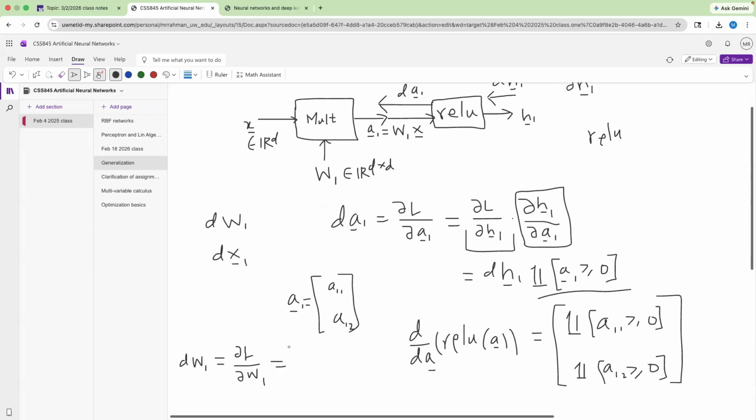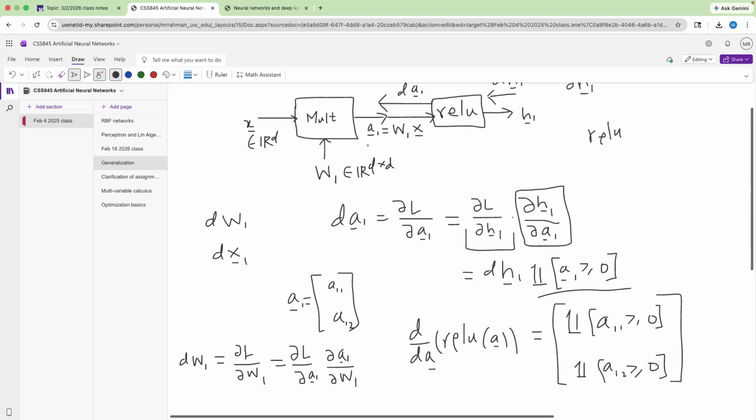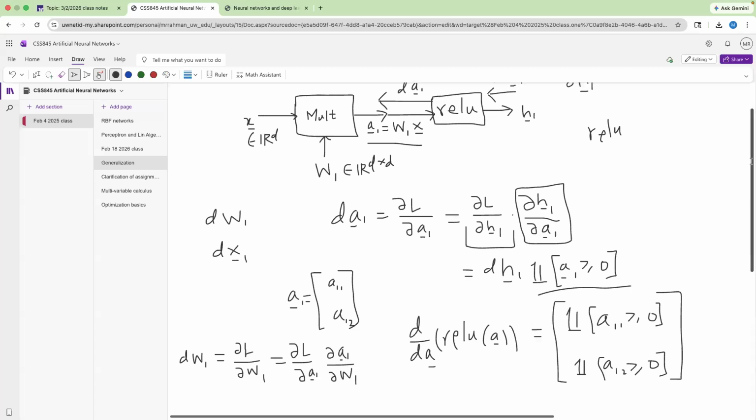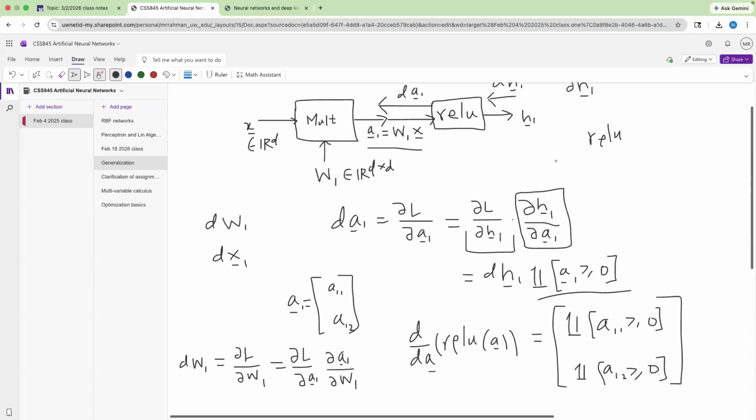And that's going to be equal to dL by dA1 bar, then dA1 bar divided by del W1, right? And A is W1x, so dA1 by dW1 should be what? From this equation, what is the derivative of A with respect to W1? X. It should be just X, right?